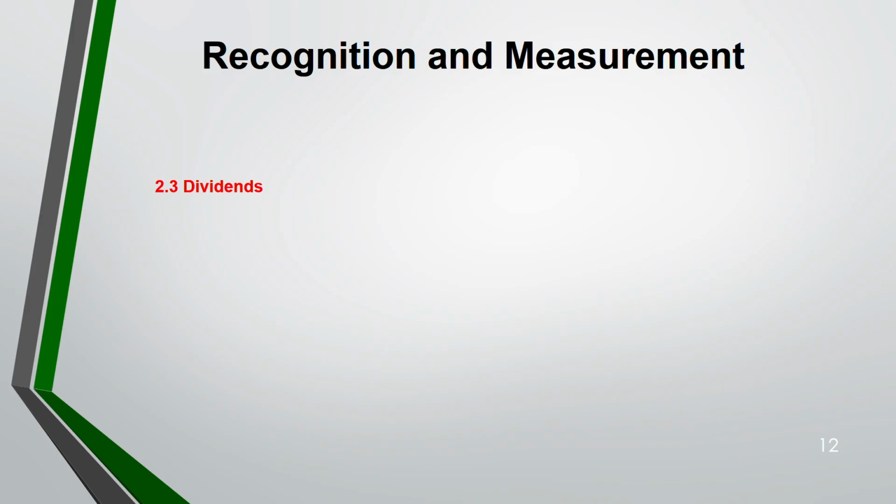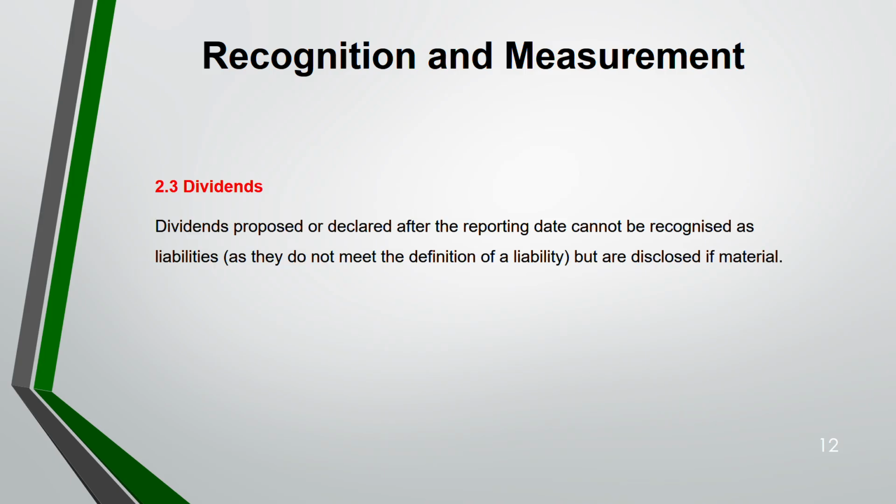Now, dividends. Dividends that are proposed or declared after the reporting period, you can't recognize them as a liability, but you can disclose them if they are material. Why? Because they do not meet the definition of a liability. What is it? You should have a present obligation for it to be recognized as a liability.